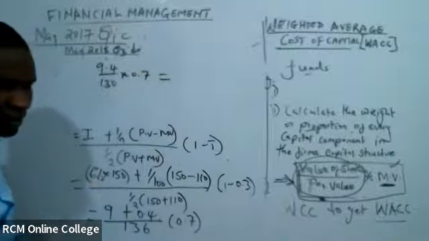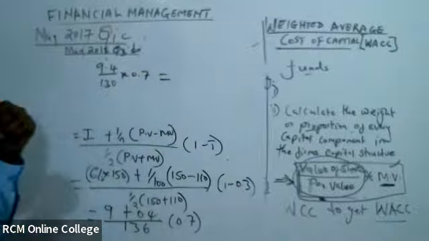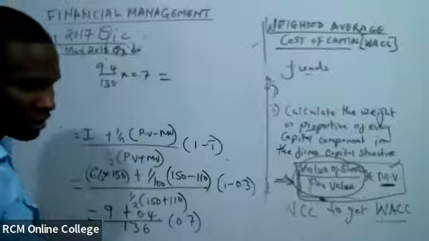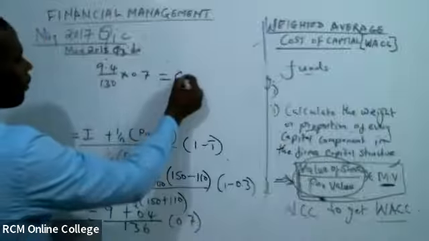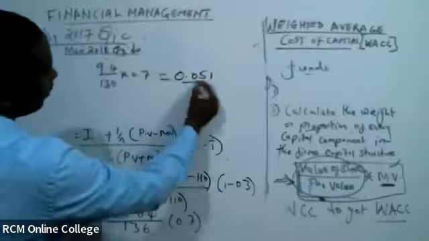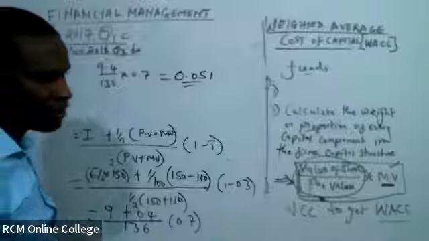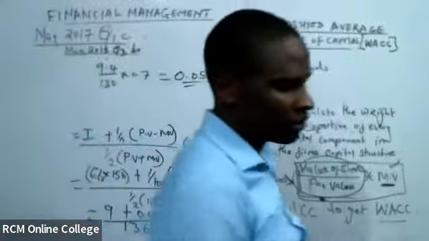Sasa tunapata nini? Kisha chapa hivyo, step by step so that we don't complicate things. 0.051. That is it. 5.1%. That is our KD.